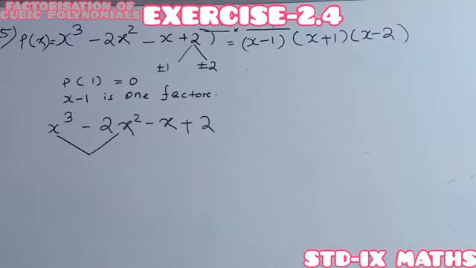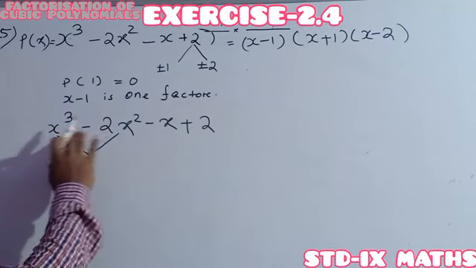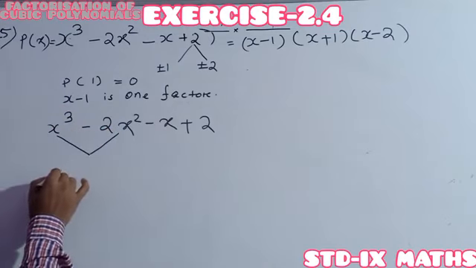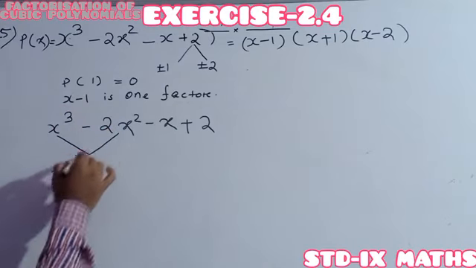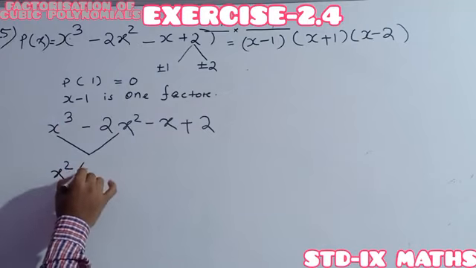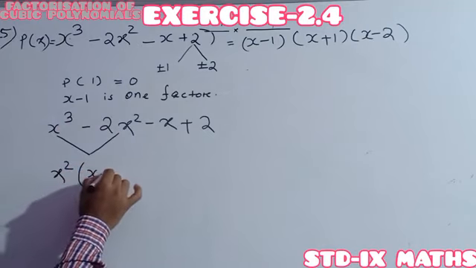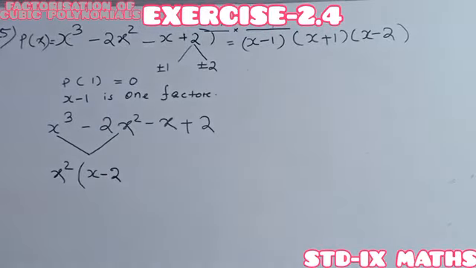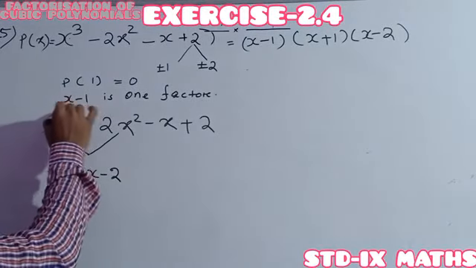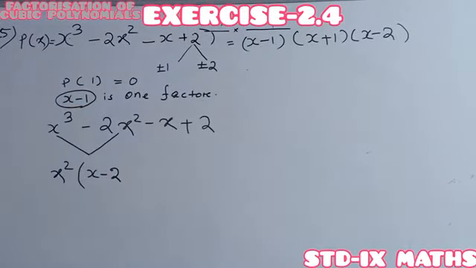See, now if you will take x square as the common from the 2, now within the bracket it will come as x minus 2. But I want x minus 1 as the factor.